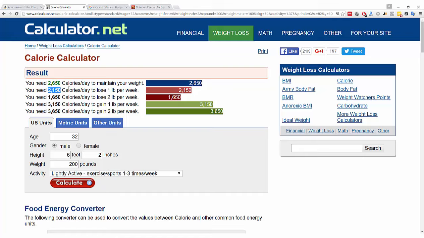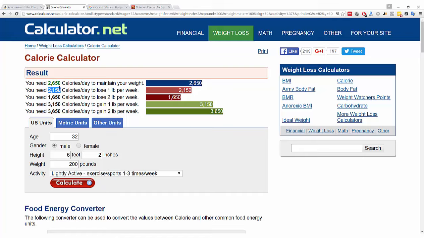In my case, if I'm burning 2,650 calories a day and I'm eating only 2,150 calories a day, then my deficit is, I'm going to take this number and subtract this one from that one.